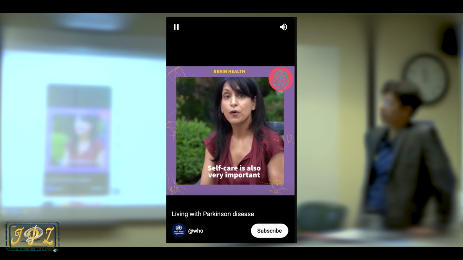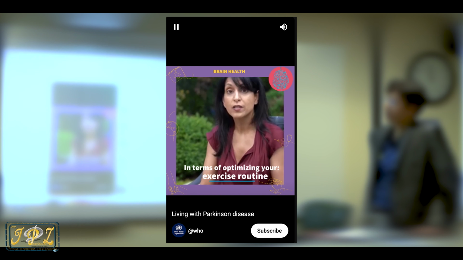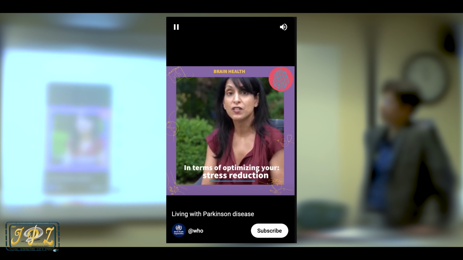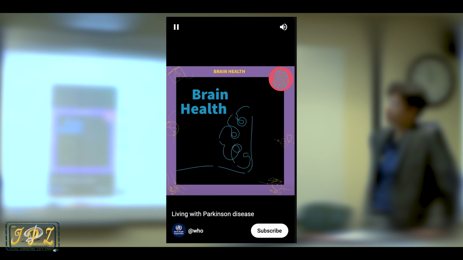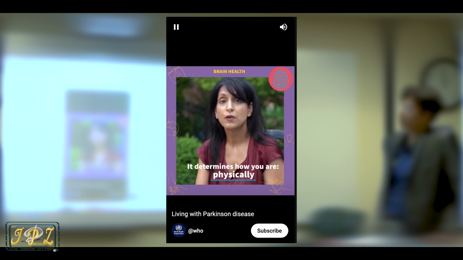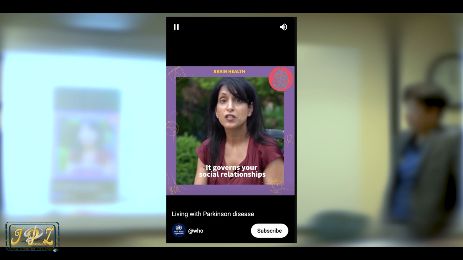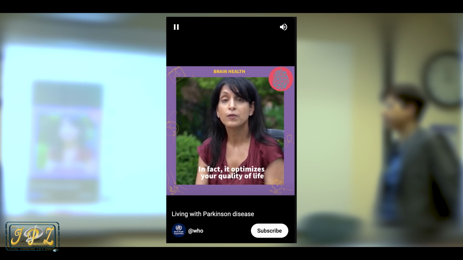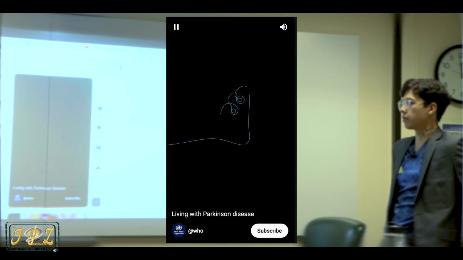Self-care is also very important in terms of optimizing your nutrition, your exercise routine, your sleep routine, and stress reduction, and socialization as well. Brain health is everything. It determines how you are physically, mentally, emotionally. It governs your social relationships, and it, in fact, optimizes your quality of life. Without good brain health, there is no good quality of life.